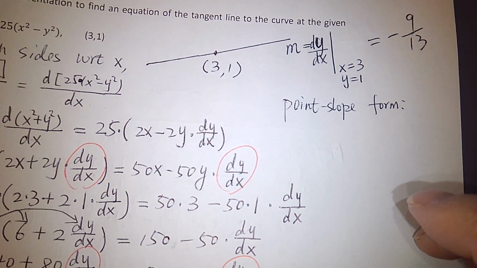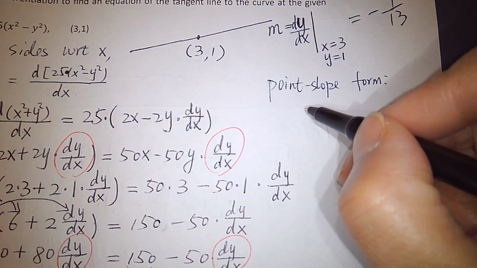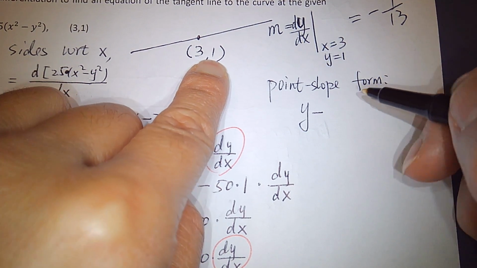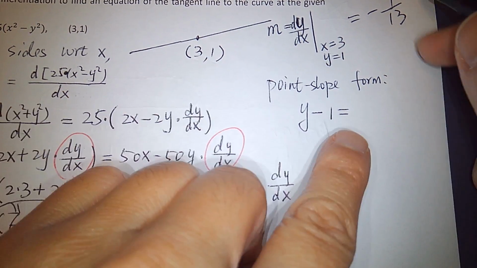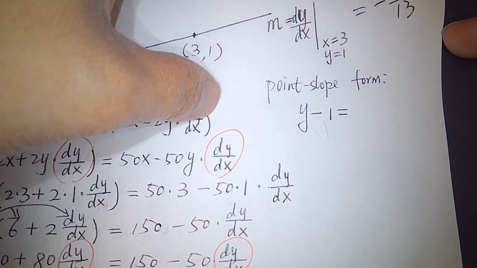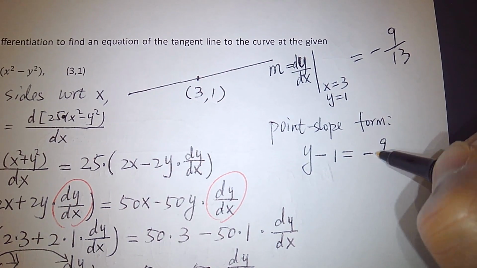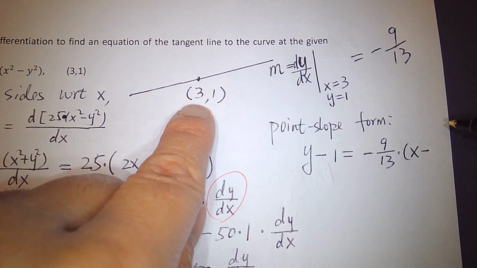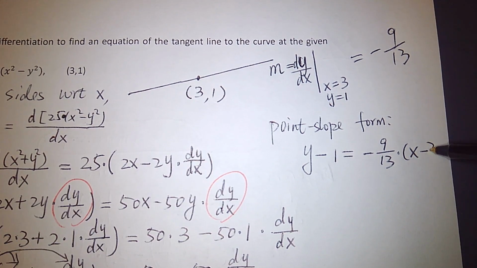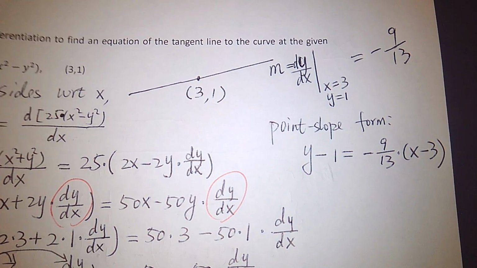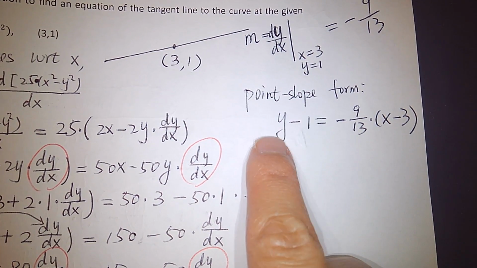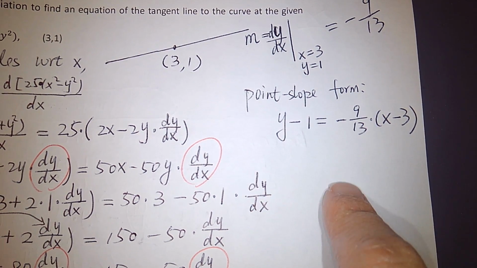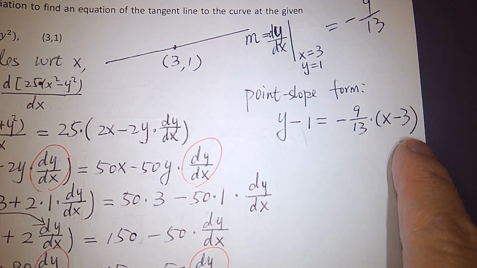What does the point-slope form tell us? y minus what? 1 equals slope m, which is what? Negative 9 over 13 times x minus what? 3. We prefer to write this equation in terms of the slope-intercept form, y equals mx plus b.